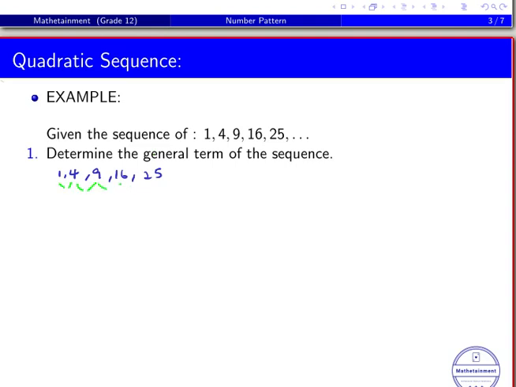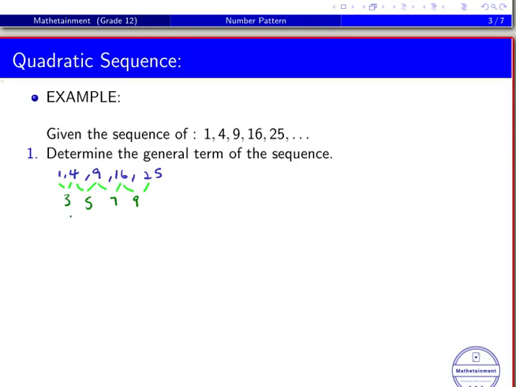Now searching for your difference: 25 minus 16 will give you 9, 16 minus 9 will give you 7, 9 minus 4 will give you 5, 4 minus 1 will give you 3.